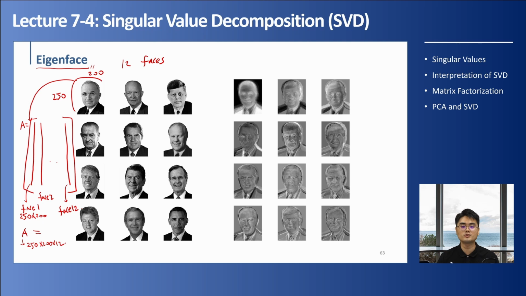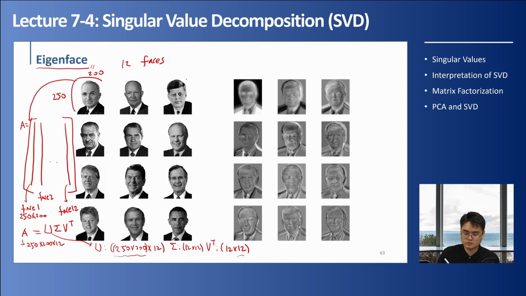We're going to decompose this using singular value decomposition into U, sigma, and V transpose, where our U matrix has the size of 250 times 200 times 12, sigma is 12 by 12, and V transpose is also 12 by 12. If we multiply these, we get the size of 250 times 12 here.